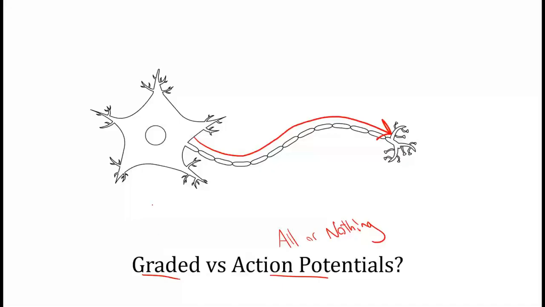That's different than what's known as a graded potential. Graded potentials are the changes in voltage experienced here at the dendrites. And again, some are stimulatory, some are inhibitory, and they will battle each other out. And if there's enough stimulatory signals to outcompete the inhibitory signals, then the molecular trigger, so to speak, is squeezed right about right here in the cell, and then that will shoot an action potential down.